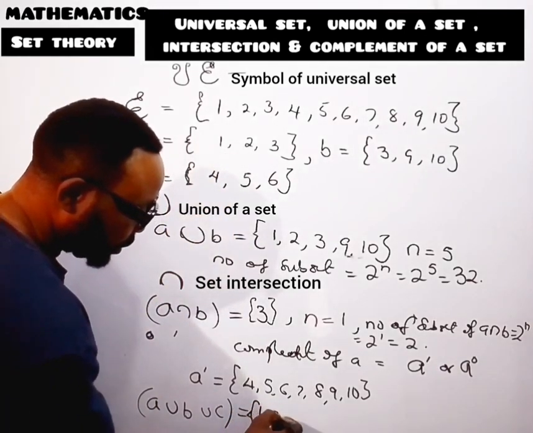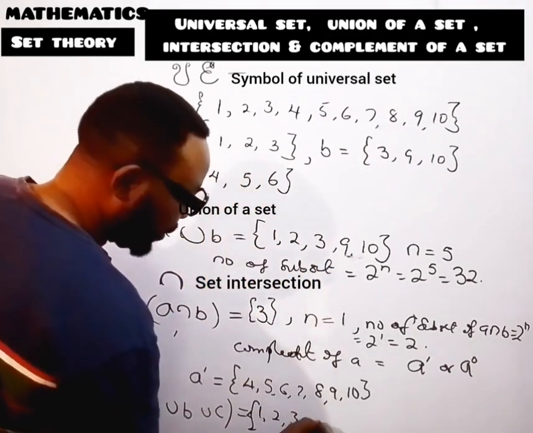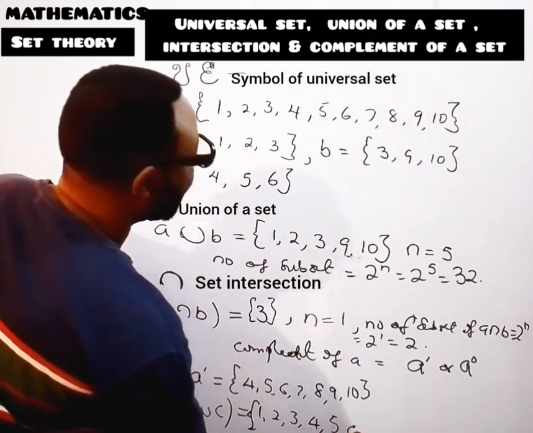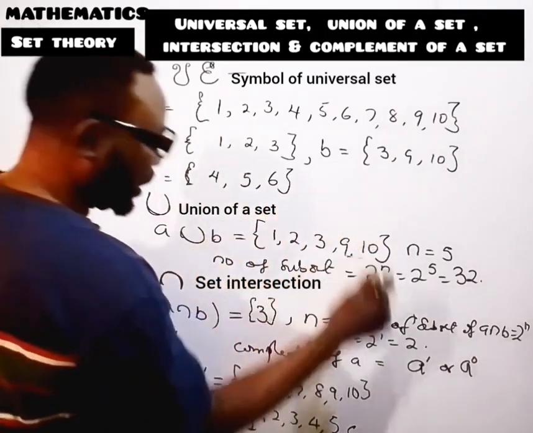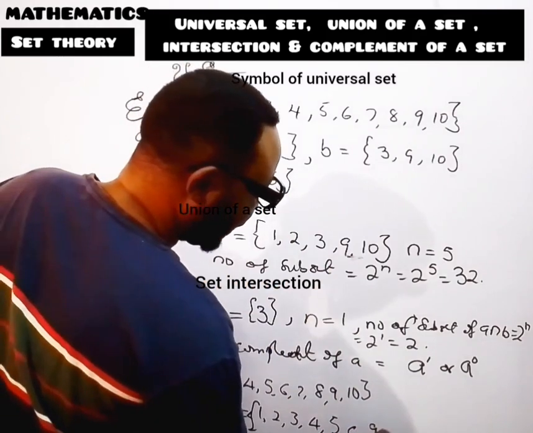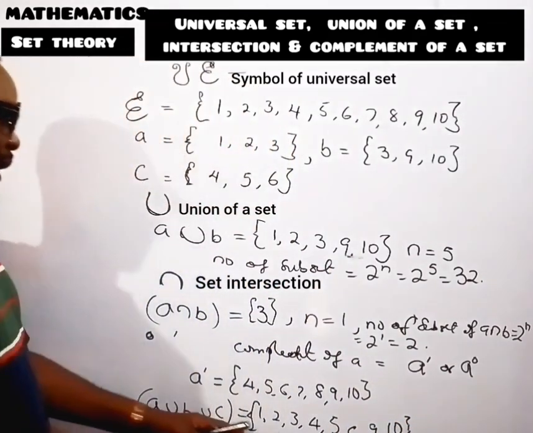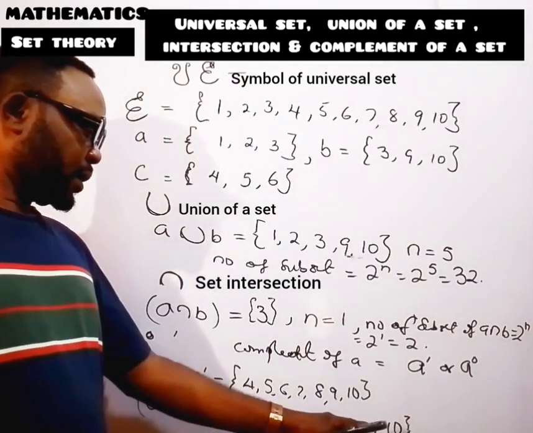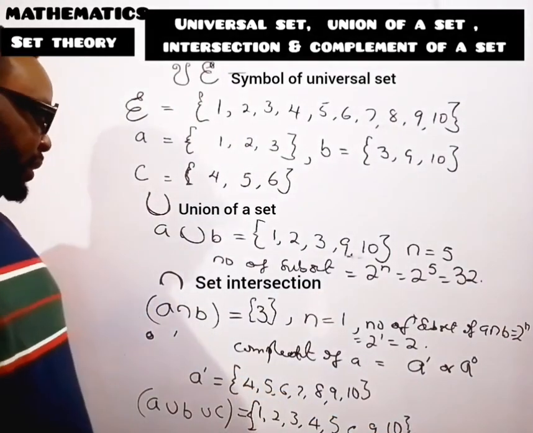Those are 1, 2, 3, we have 4 there, yes, there's 4 here. We have 5, 6, they have no 7, we have no 8, then we have 9, then we have 10. Now, these are the elements: 1, 2, 3, 4, 5, 6, 7, 8 is not here, 9 and 10 is there.